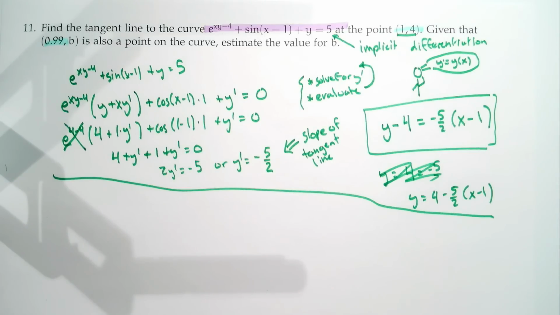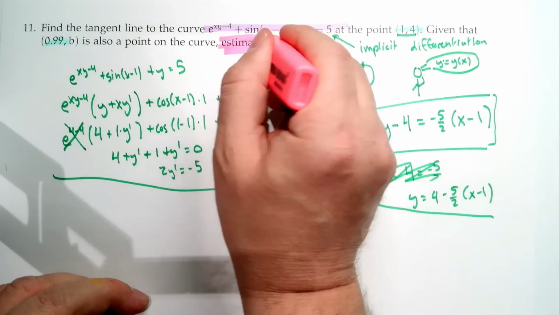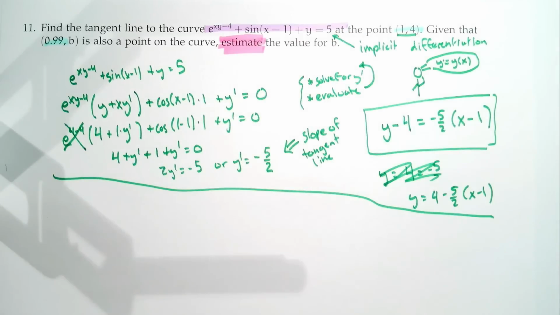There's one key phrase here that I really want you to focus on, that when you see it, you're saying, okay, that's what I'm going to do. And that's this word estimate. When you see the word estimate, there were two types of estimation that we talked about in this class. The last kind was Riemann sums.